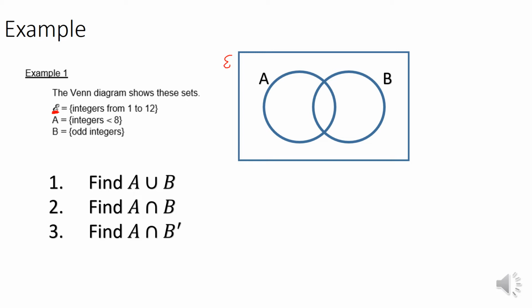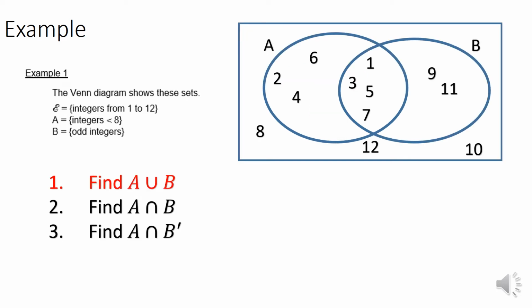So we're going to fill in the numbers 1 to 12, and put all the integers less than 8 in A, and the odd integers in B, and there'll be some crossover as well. So if you want to pause and have a think about this, I'd do so now. If you're happy for me to just show you the answer, then keep watching the video.